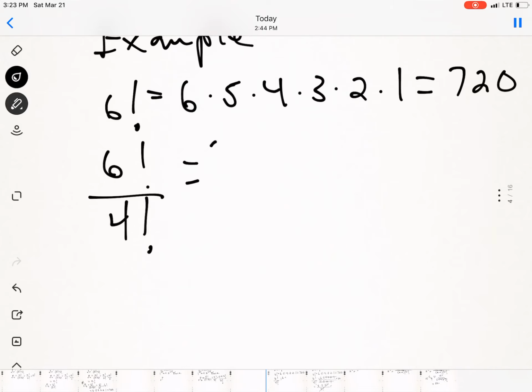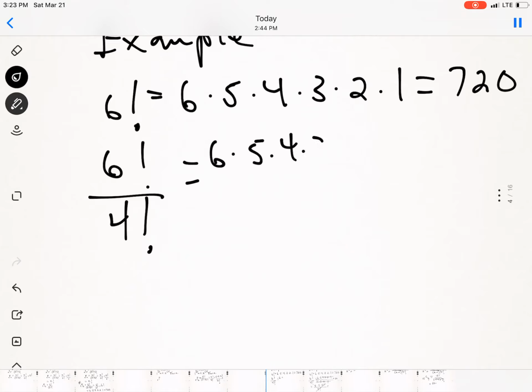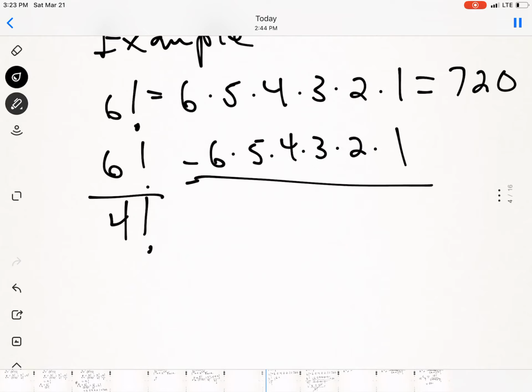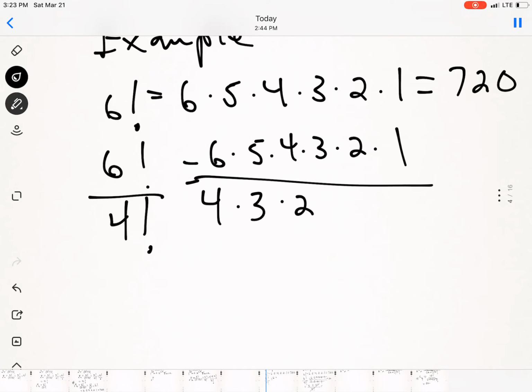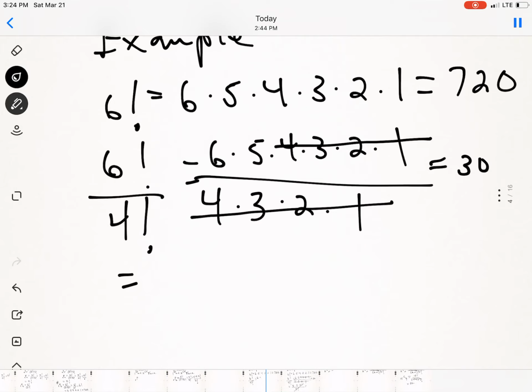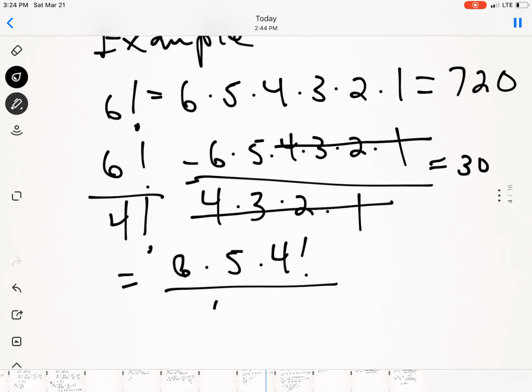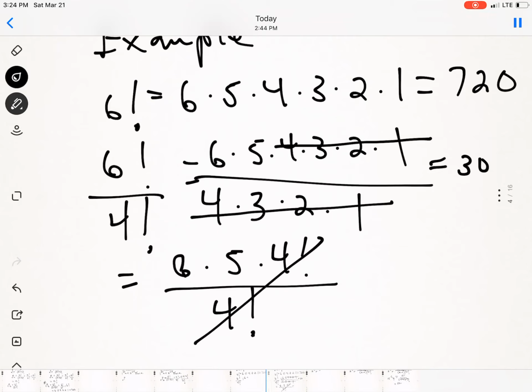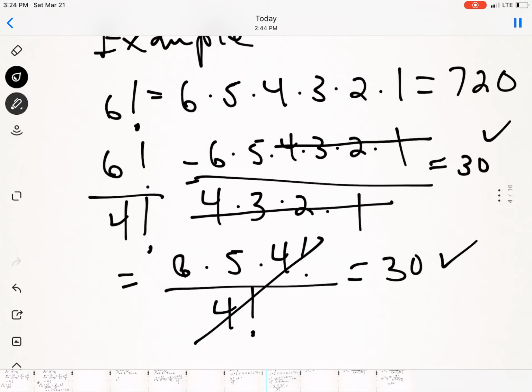Now, we know that this is 6 times 5 times 4 times 3 times 2 times 1 over 4 times 3 times 2 times 1. Well, this 4 times 3 times 2 times 1 and this 4 times 3 times 2 times 1 cancel, and you end up with 30. Well, why not, instead of writing it all out like that, just stop when you get to 4 factorial, because 4 factorial divided by 4 factorial cancels and you're left with 30. So you can do that if you like.